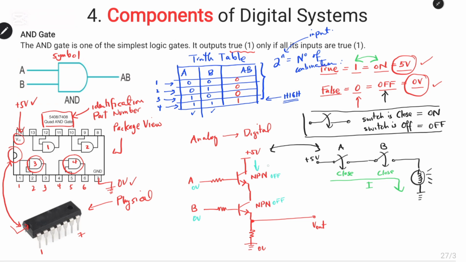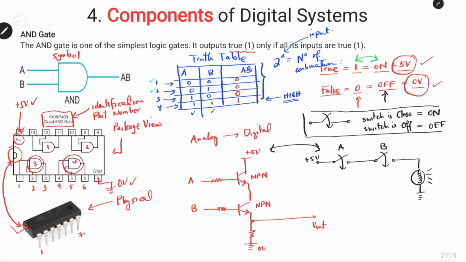Therefore, current will not flow through these two transistors, which leaves the output at 0 volts because there will be an open circuit. That means both switches are open, so no current will pass through the circuit. So this light bulb will be off.